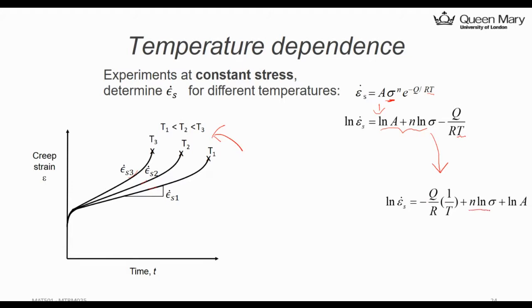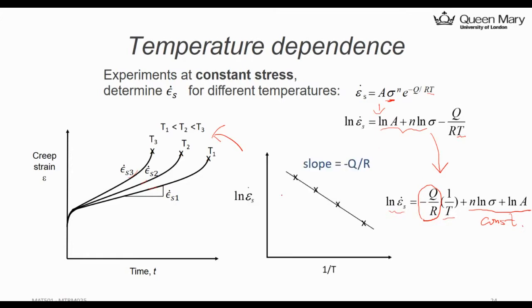You can see this part is constant, and 1 over T is actually the variable, and the log strain rate is the y-axis we want to plot. And you can see the slope is this part, activation energy over gas constant with a negative sign. So you can imagine the curve will be a shape like that.